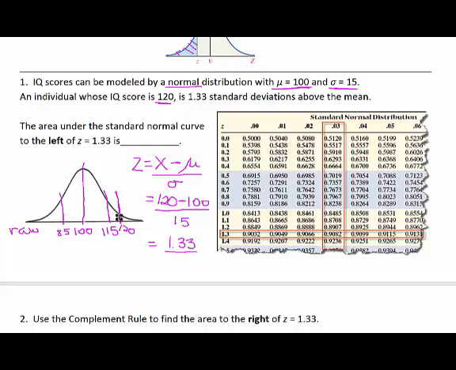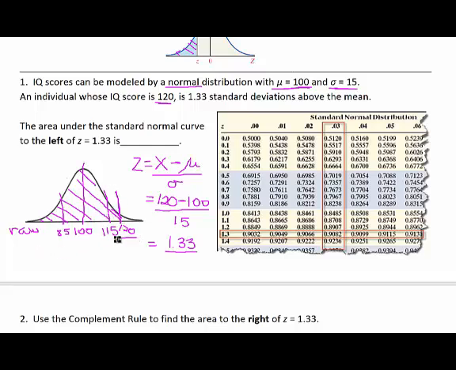And so what the z-table gives us is the probability, or the area, because those are the same, of all of this space to the left of that 120.